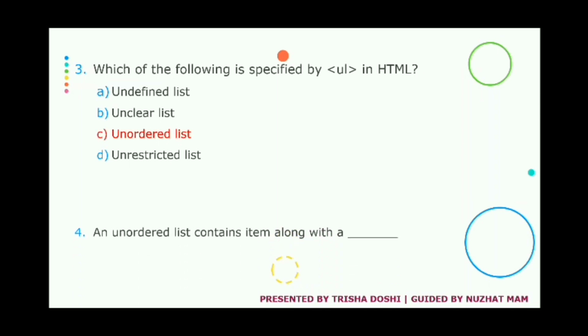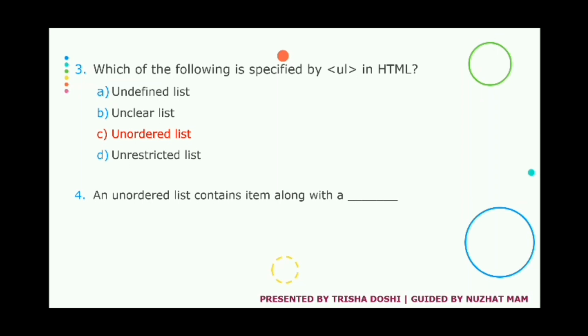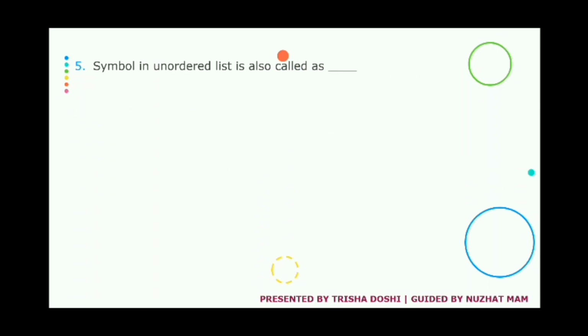Unordered list. Question 4. An unordered list contains items along with a dash. A. Alphabet, B. Roman number, C. Symbol, D. All of this. The correct answer is C, symbol. Question 5. Symbol in unordered list is also called as dash.